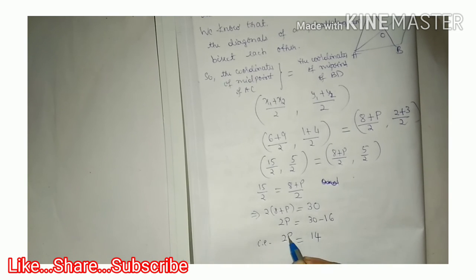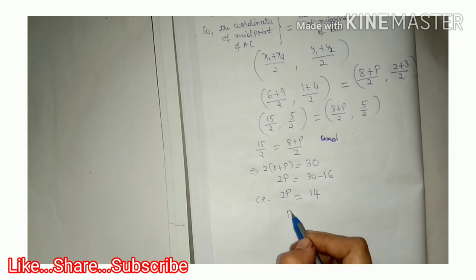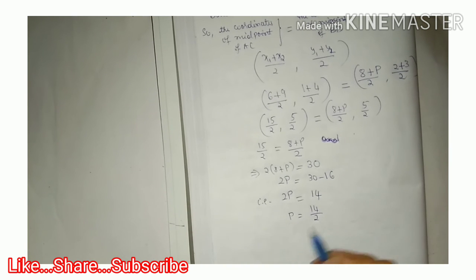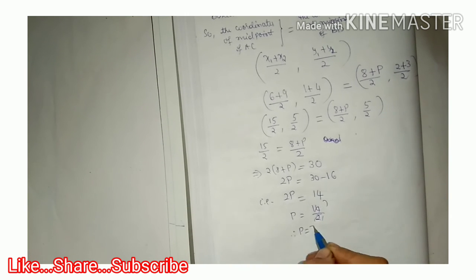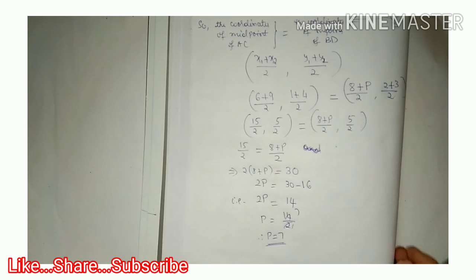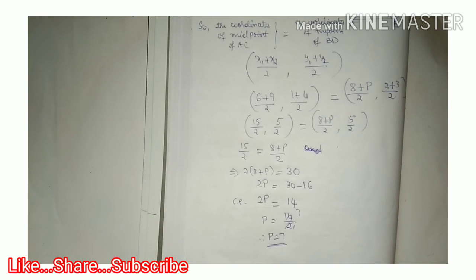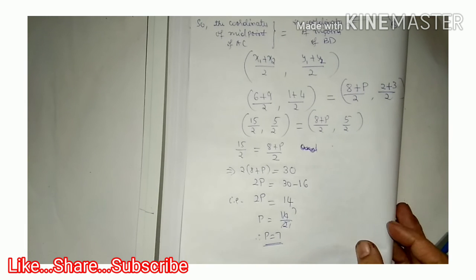That is, 2P is equal to 14, P is equal to 14 by 2, 7. The value of P is 7.